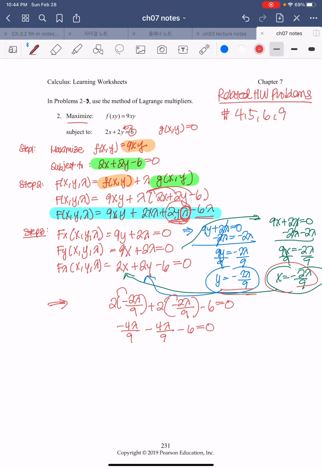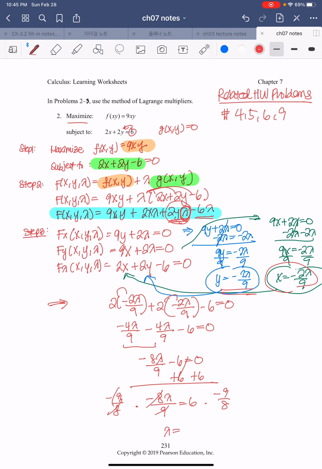We're solving for lambda. That's my unknown. These two I can combine. Negative 8 lambda over 9 minus 6 equals 0. Add 6. I have negative 8 lambda over 9 equals 6. Multiply by negative 9 over 8 to solve for lambda.